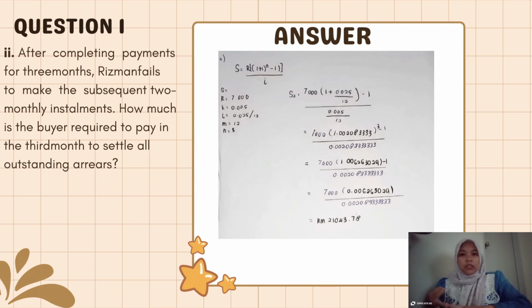We use the formula r bracket 1 plus i bracket power n minus 1 bracket dividing i, and then we substitute the value in the formula. After we substitute the value in the formula, we enter and then we press the calculator.